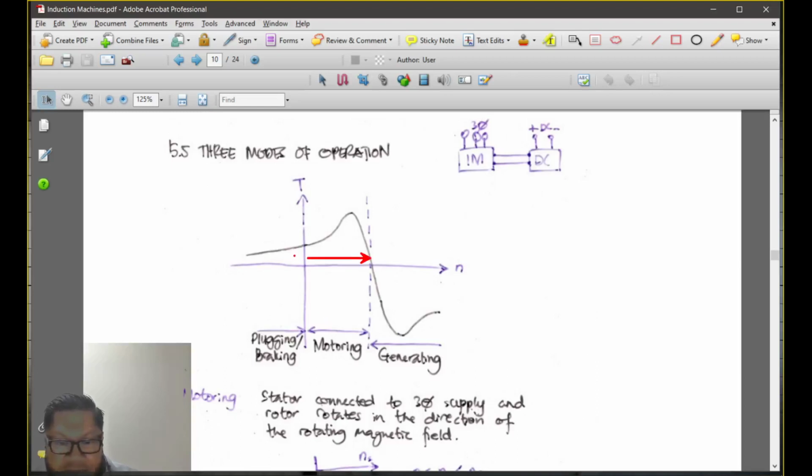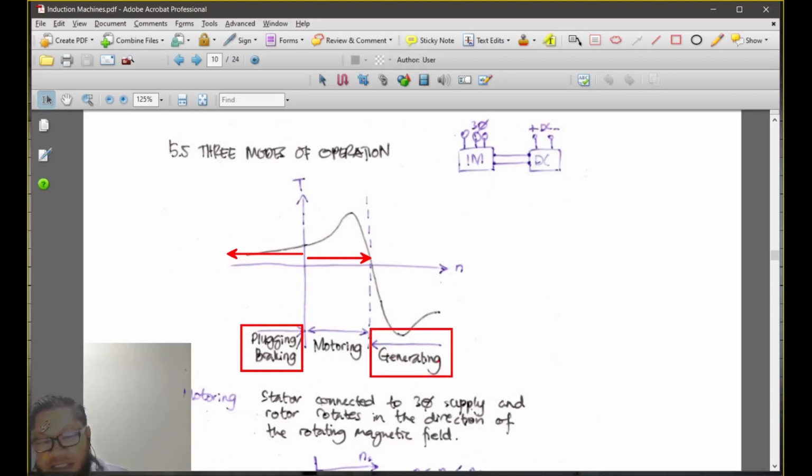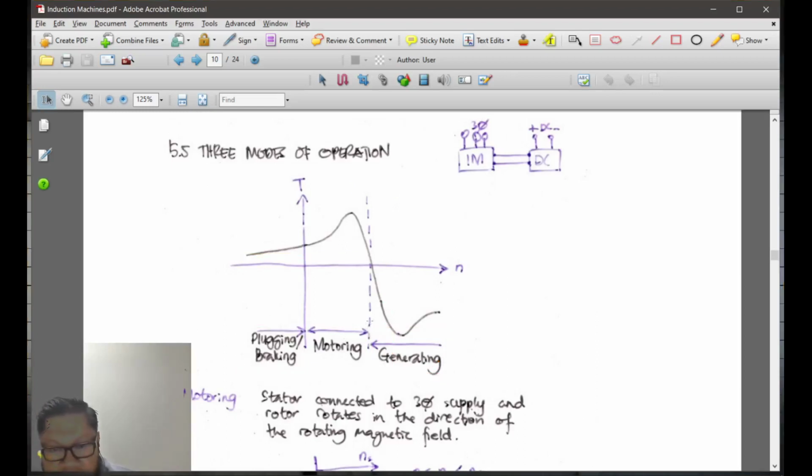When you have a negative speed, this is where your rotor rotates in the opposite direction. That is known as the plugging or braking mode of operation. And finally, when you have a torque which is the reverse, you can get a generating mode.